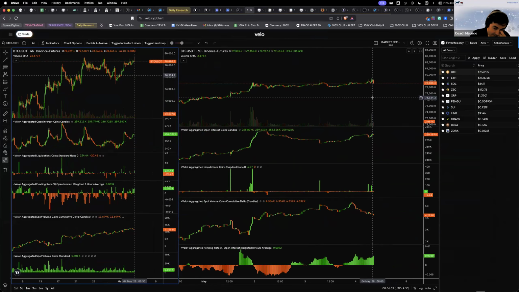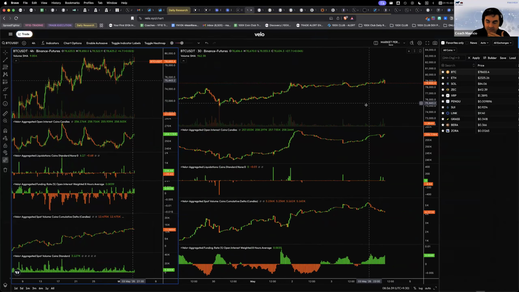However, things that I like and things that I don't like. Things that I don't like is I'm starting to see CVD coming off heavily. Not heavily, but bear in mind that this is weekend liquidity, so this is retail traders technically closing positions.